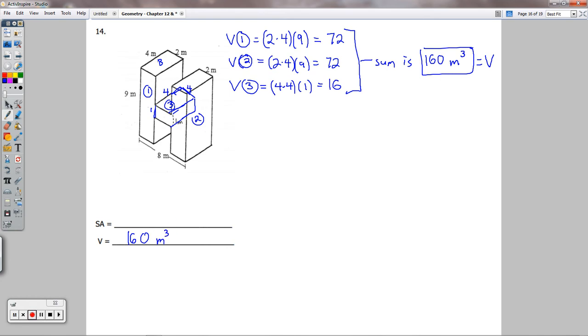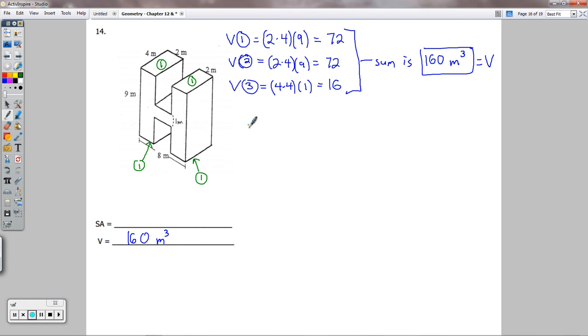Now the surface area, I'm going to do that in green. So I'm going to erase this stuff that I had done here. Surface area is a little tougher. It'll take a little more work, but let's see what we got. So I see this, I could say, is shape 1. There's going to be a shape 1 down there, and there's going to be a shape 1 down here.